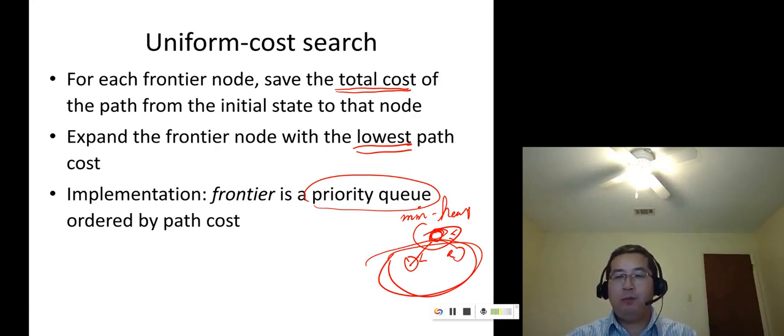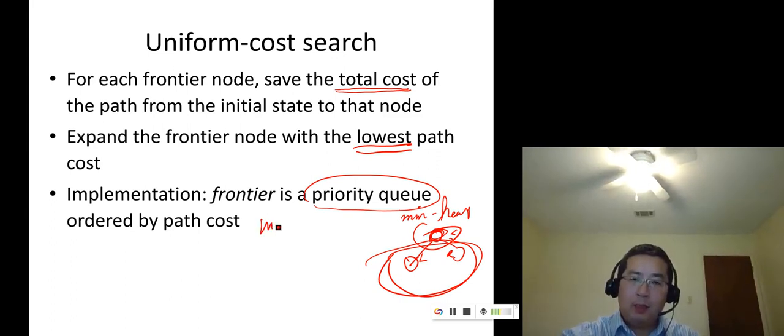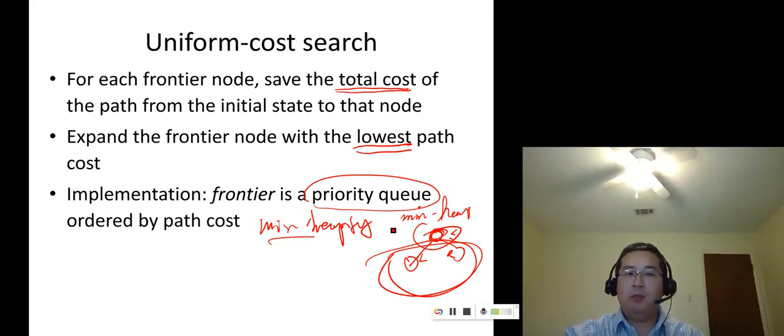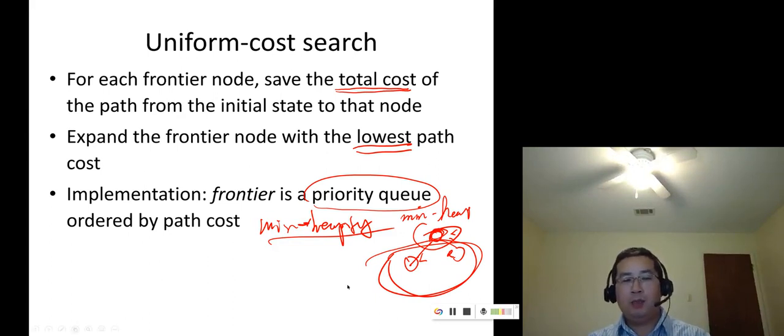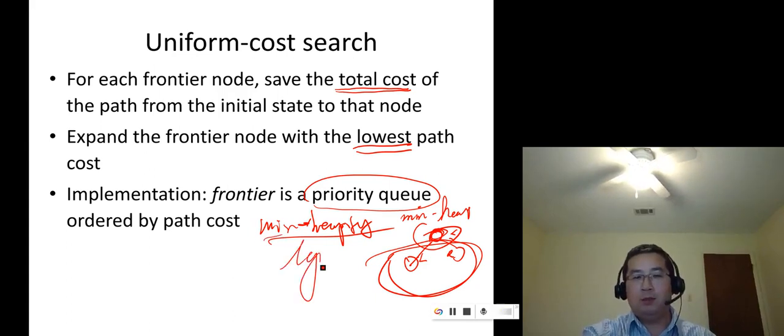Min heapify, max heapify, right? Min heapify means you need to reorganize the nodes, fix the heap to make it have the min heap property: the root node is always less than or at most equal to its children. So we can use the priority queue. This is not a big issue, because min heapify is O(log n).